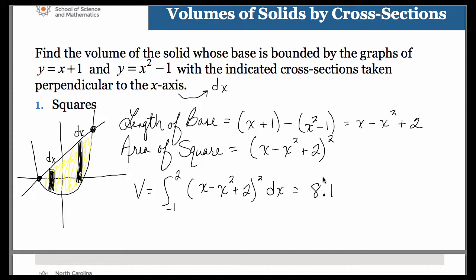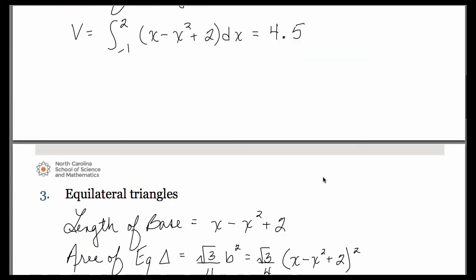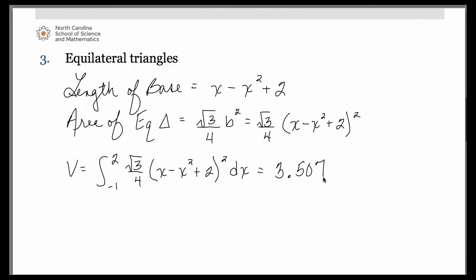If you think about it, what you're finding is that there is a relationship between the volume of the solid found with cross sections that are equilateral triangles versus the volume of the solid found with cross sections of squares. So basically you could take this answer we had from the cross sections being squares, multiply that by root 3 over 4, and you will get this answer over here. So kind of an interesting relationship between the two.